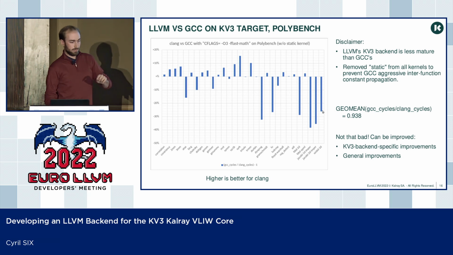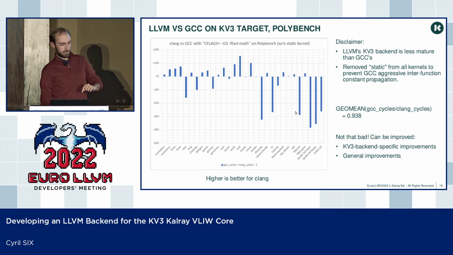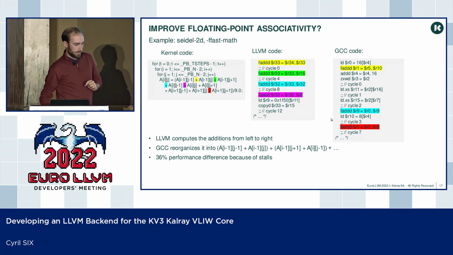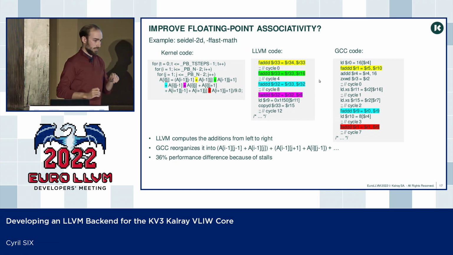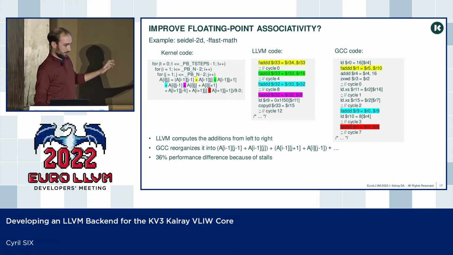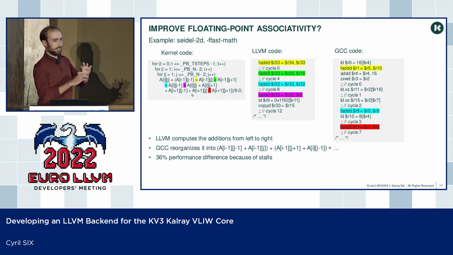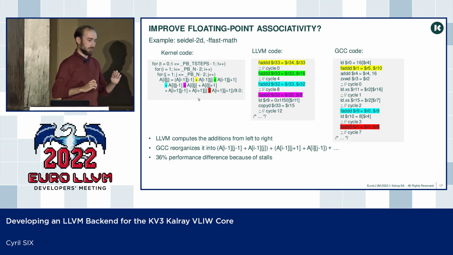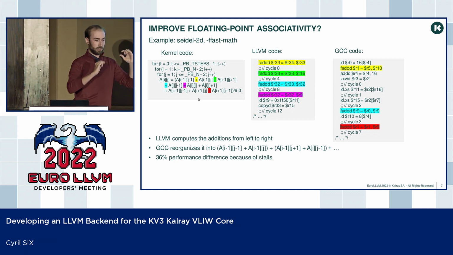But we did find some performance culprits that you can see there, and I will outline a few of them. One of the first culprits that we saw is that, given this piece of code that sums the 9 adjacent elements of a 2D array, GCC is able to reassociate the operations.